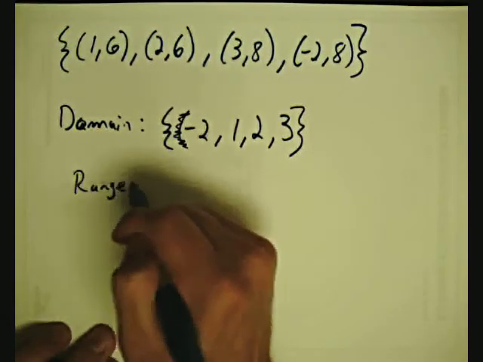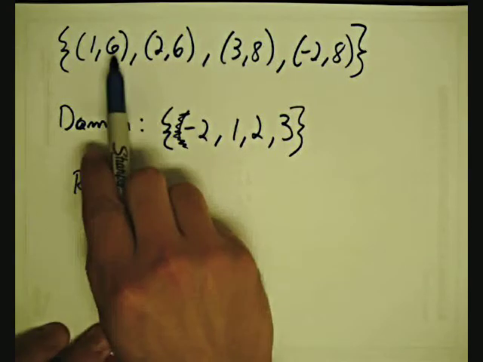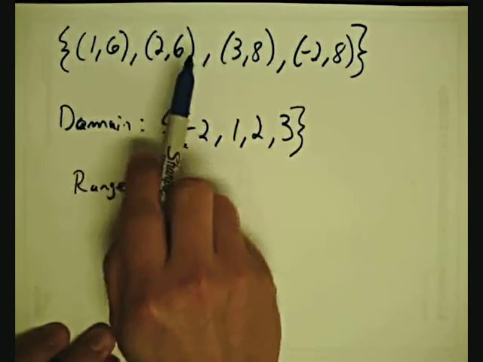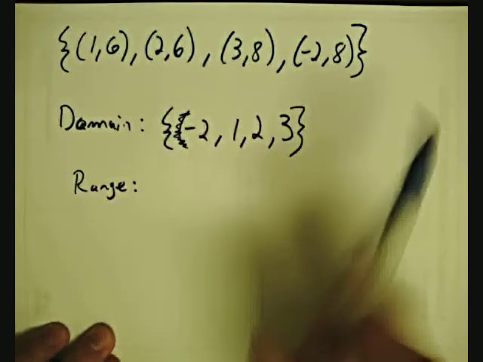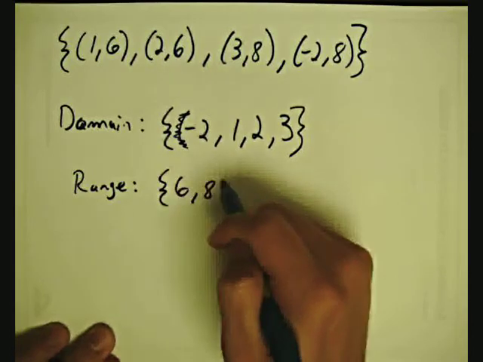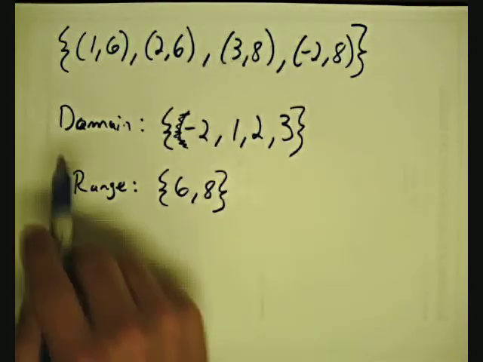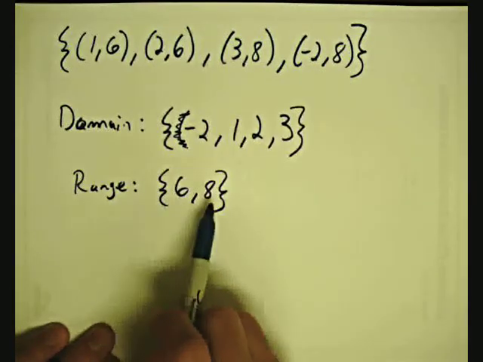The range is the second components. So our range, we have 6, 6 again, 8, and 8 again. So the range is 6 and 8. And notice we don't need to write 6 twice or 8 twice. Just having it in our list once suffices.